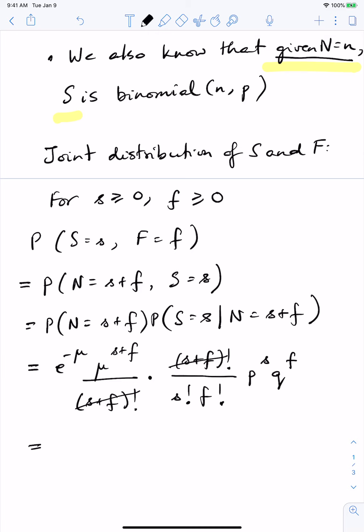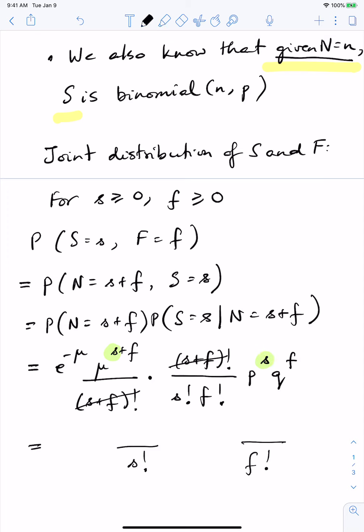So let's try and separate out. I'm going to try and rewrite this with some spaces. So I have an S factorial and an F factorial in the denominator. I'm going to look at what I have in the numerator and maybe collect some terms. So I have a mu to the power S here, and I have a p to the power S here.